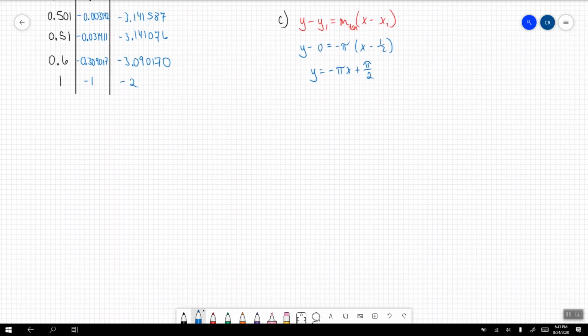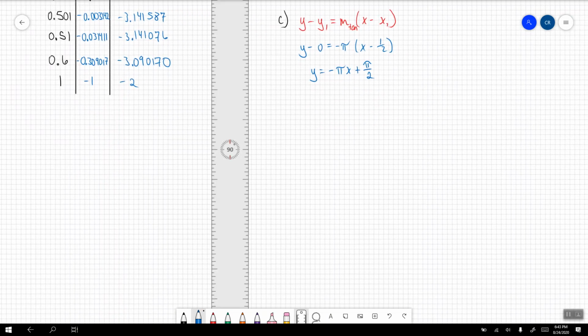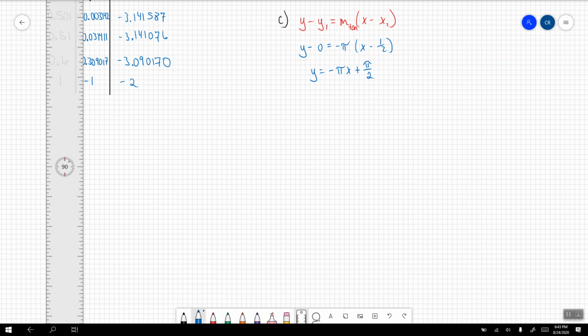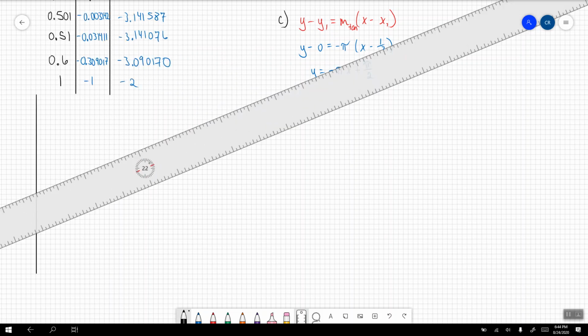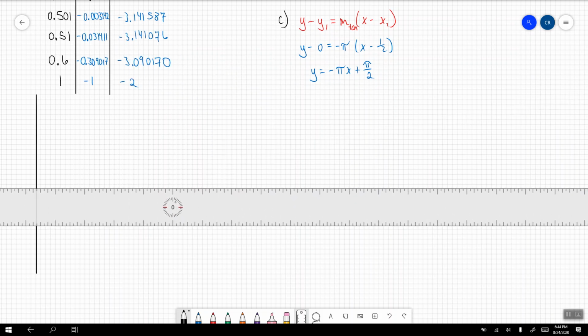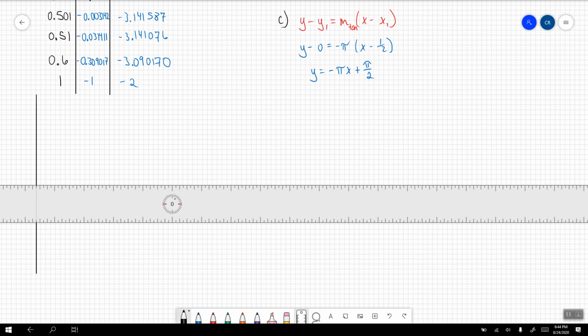I am going to get a grid going here, and this is going to be for the last part, part D. I might make this a little large, that way we can definitely see where the secant lines and the tangent line are going to be.